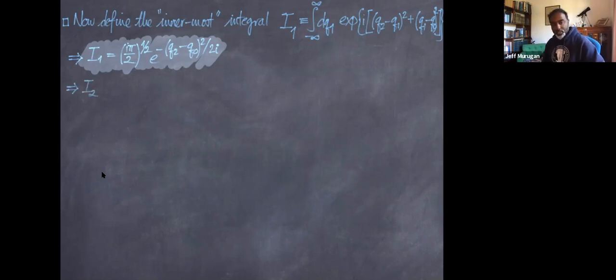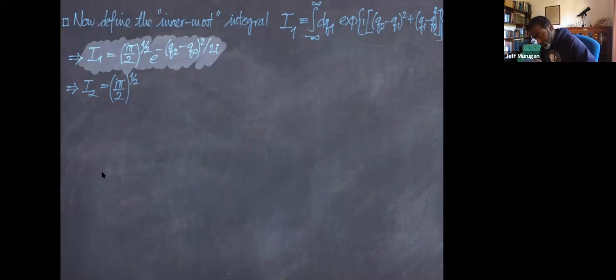I'm going to call that I2, and I2 is the integral just like the one I had, except I'm gathering all of the Q2 pieces, and the Q2 pieces will have one term that goes like Q3 minus Q2 squared, and another term that goes like Q2 minus Q naught squared that comes from I1. So if I feed this back into the I2 integral, this looks like (i pi over 2) to the half. That factor comes from having done the I1 integral.